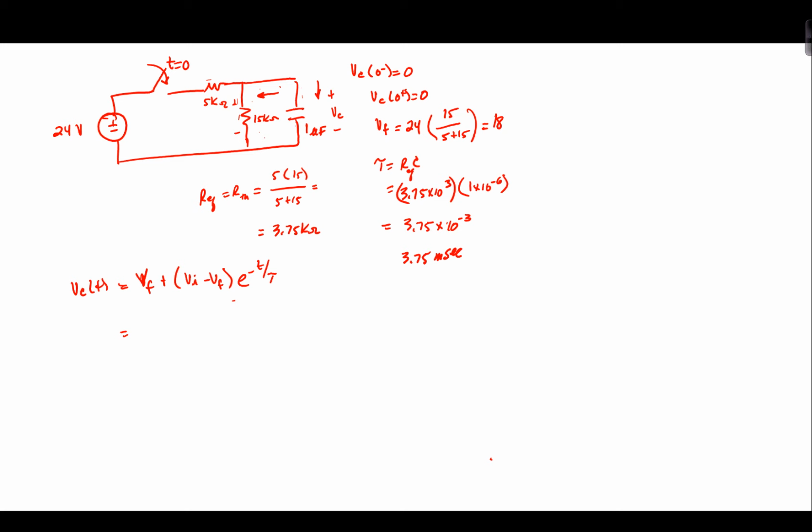V final is 18 volts, plus the initial voltage of 0 minus the final voltage of 18, e to the minus t divided by 3.75 times 10 to the minus third seconds, which is equal to 18 minus 18 e to the minus t over 3.75 times 10 to the minus third seconds.